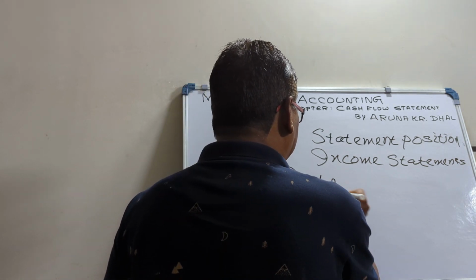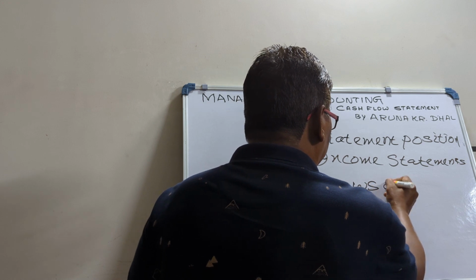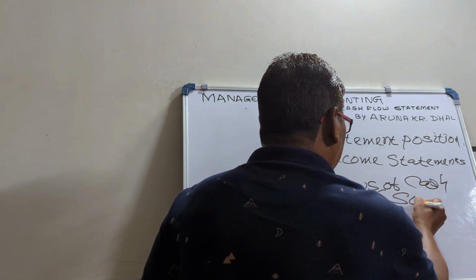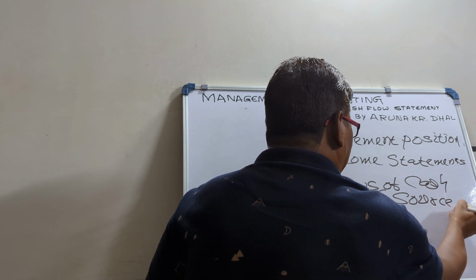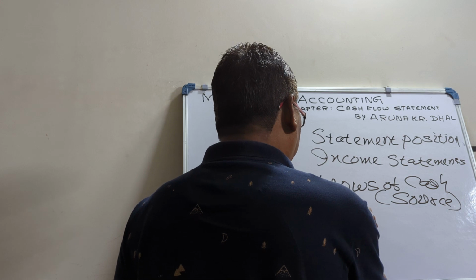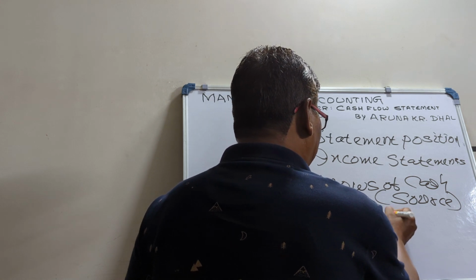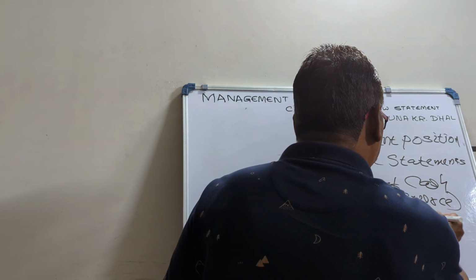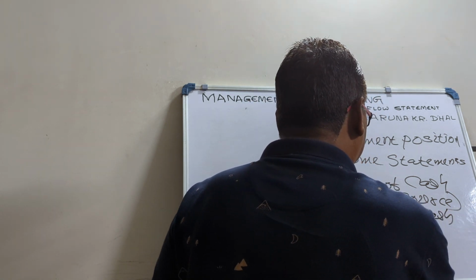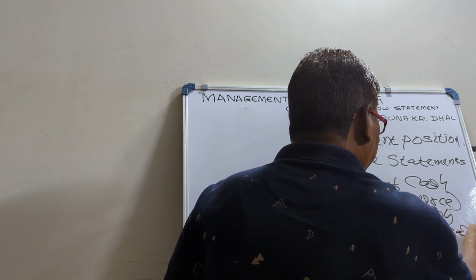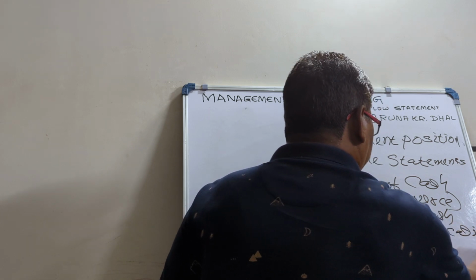Inflow means cash is coming into the business, also known as source of cash. Then outflow of cash, that is payment of cash, cash going outside, is known as application or usage of cash.